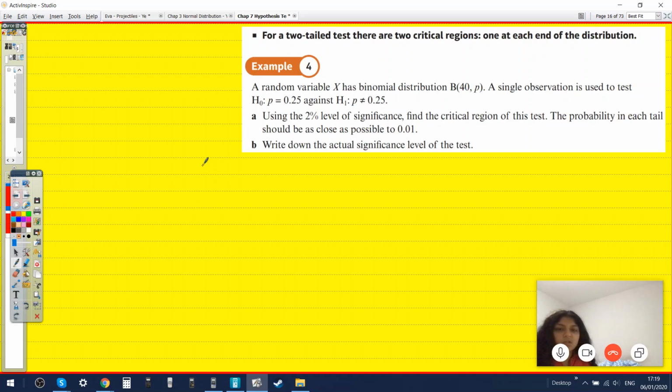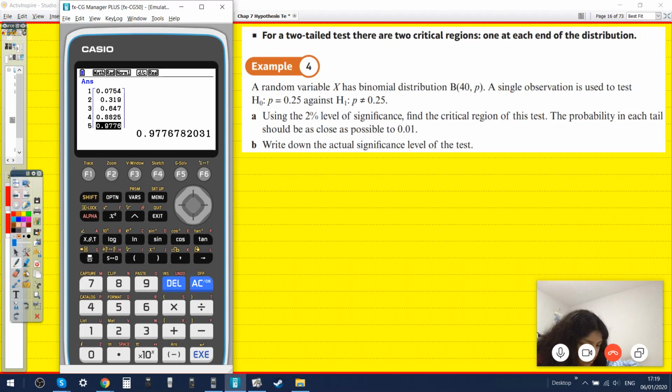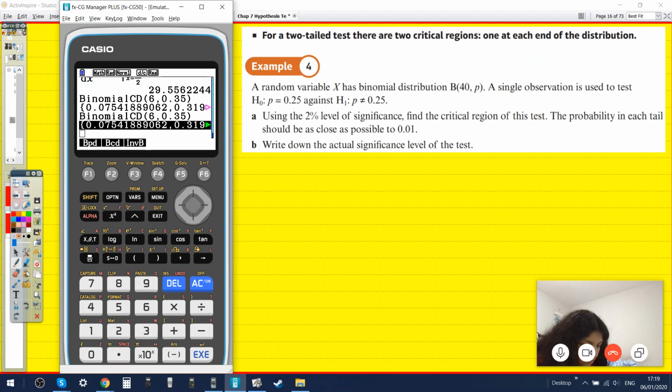I'm not sure how to find the critical region. I know it's in between two numbers, but I don't know how to do it. So if we do 40, 0.25.